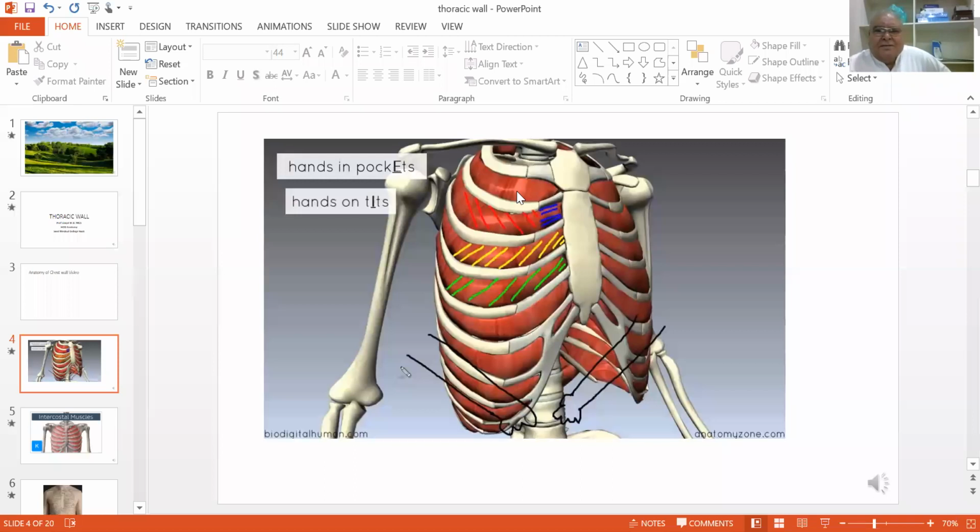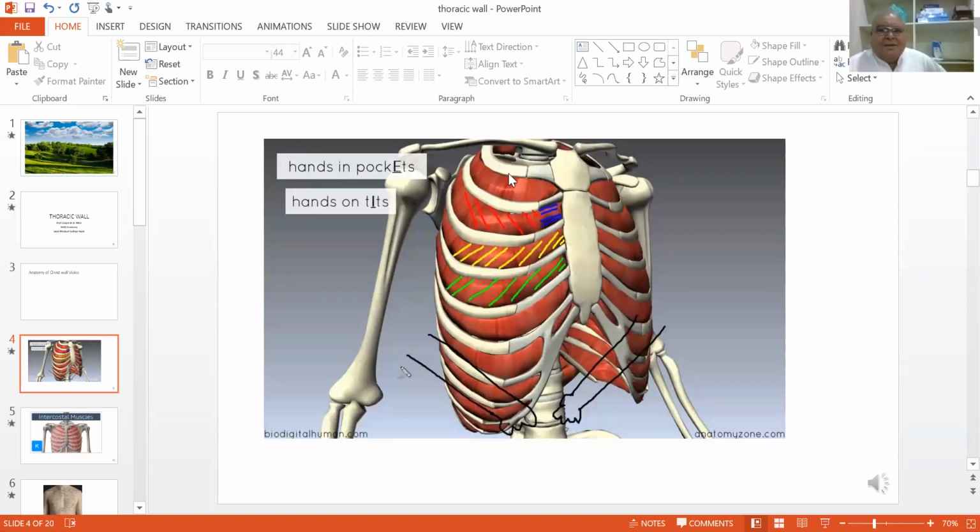One is the outermost one, and this is called the external intercostal muscle. The second is the inner or the middle one, called the internal intercostal, and this is the innermost intercostal.